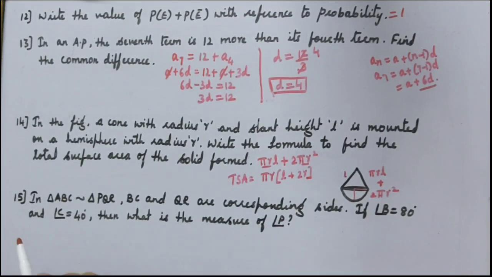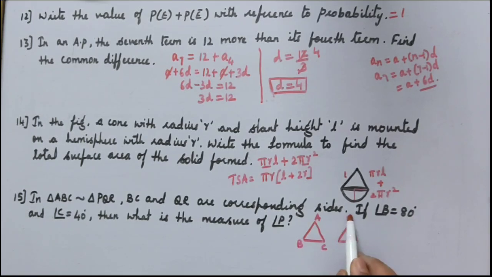Now this next question: in triangle ABC, let us draw two triangles, ABC and one more triangle PQR. They are not congruent but they are similar. Now BC and QR are corresponding sides. So let us say angle Q is equal to 80 degrees and angle C is 40 degrees.